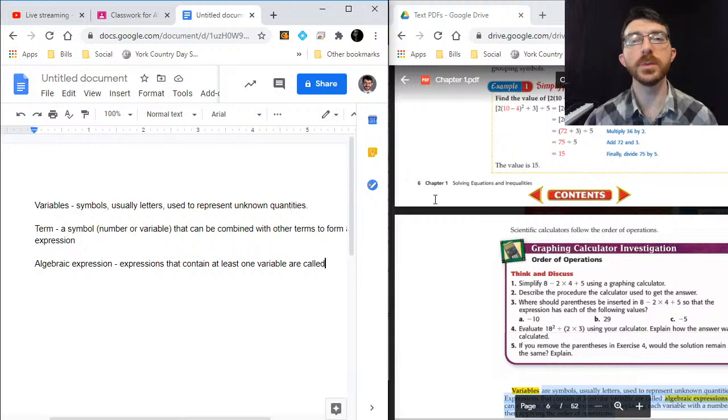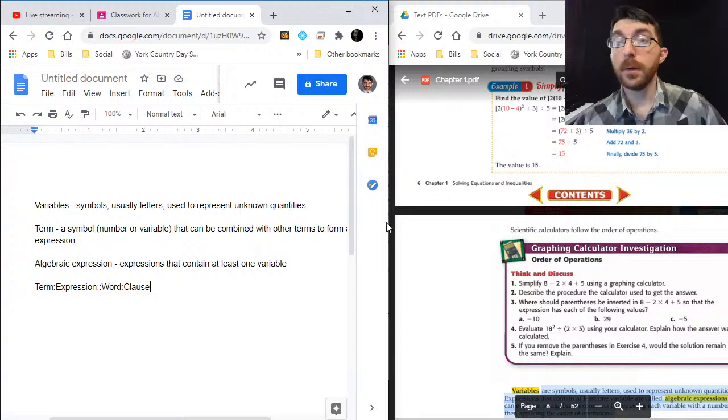Expressions that contain at least one variable. I think we'll just have to do that. Here's my analogy. Term is to expression as word is to clause. And an equation would be an expression with an equal sign.